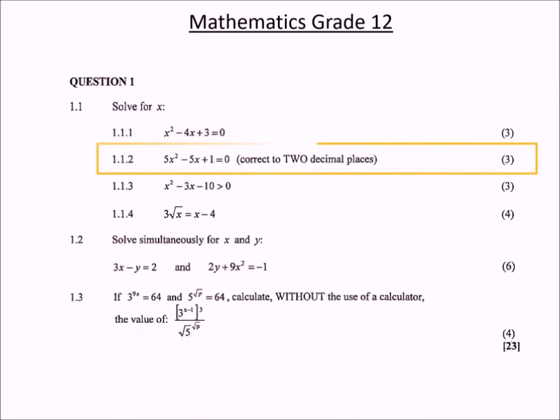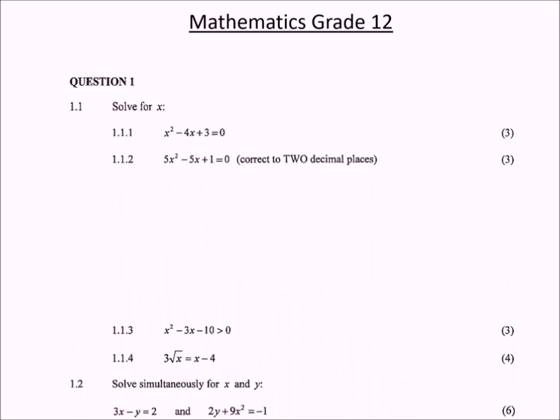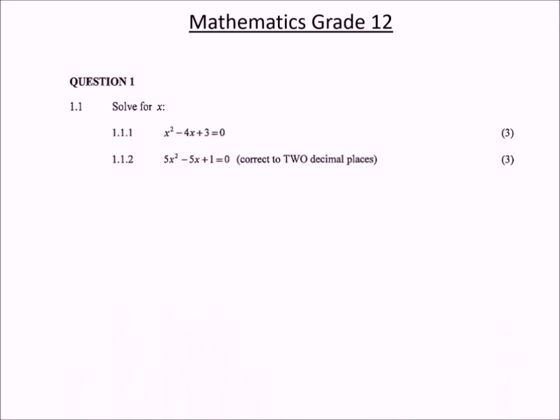Now, 1.1.2. Five x squared minus 5x plus 1 equals 0, correct to 2 decimal places. It is hard or impossible to factorize this quadratic equation by inspection. Therefore, we will have to use the quadratic formula.